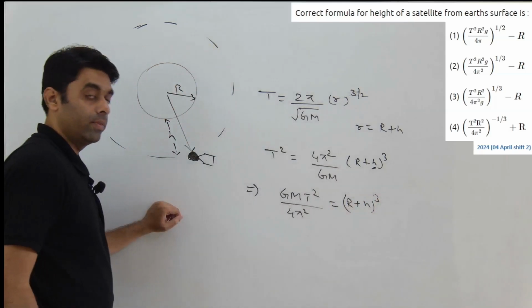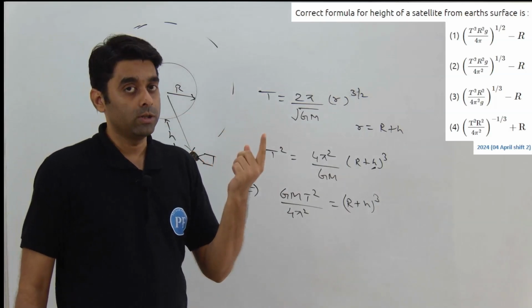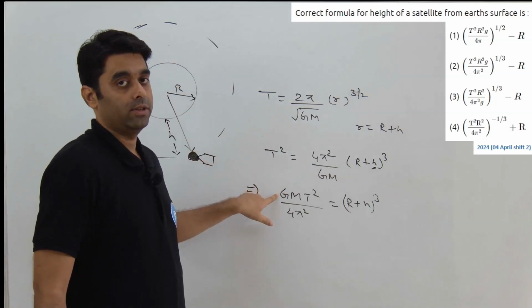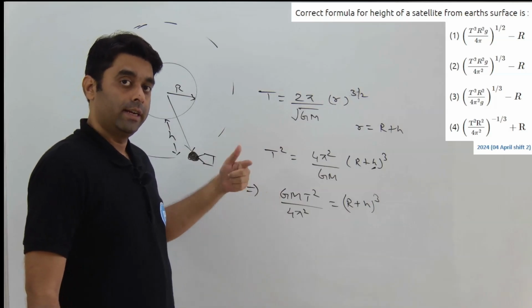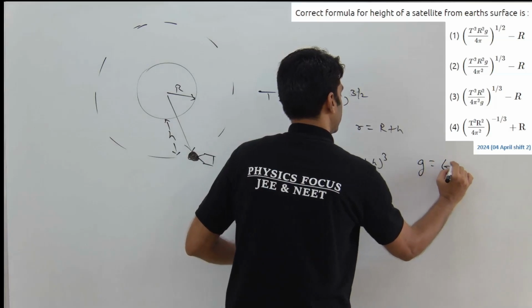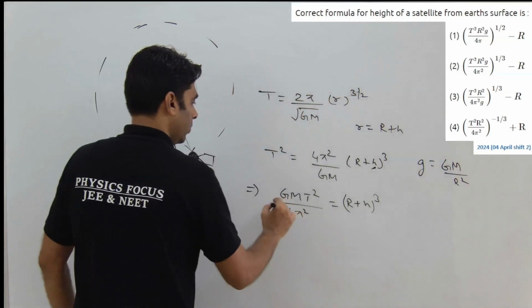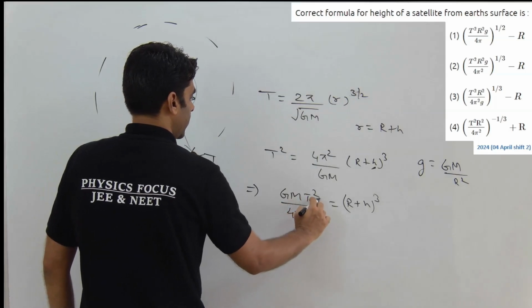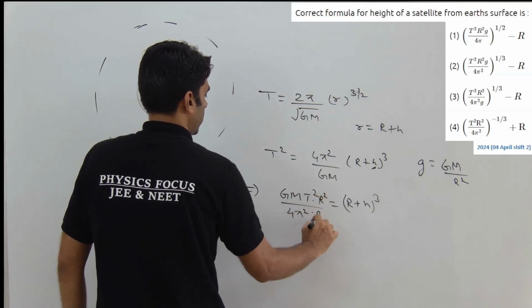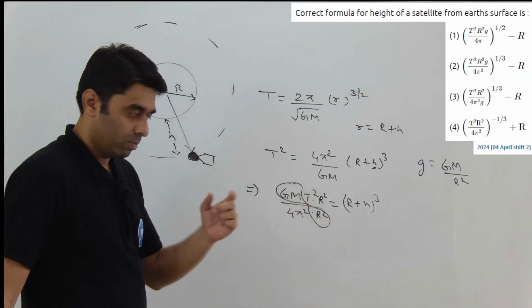Now over here, if you notice, the answer is given in terms of small g. We have this capital G, your gravitational constant. Let us change it. What can we write? Small g is equal to capital G M by R square. So over here, let's take R square and R square, and this GM by R square will become small g.